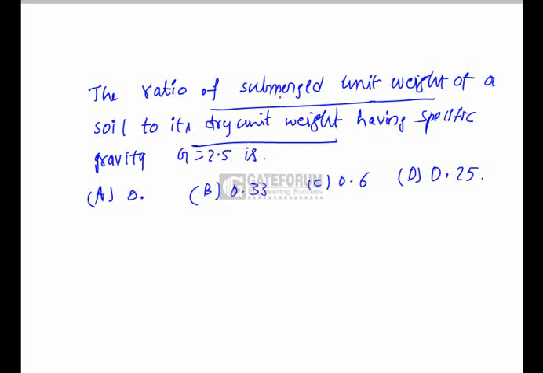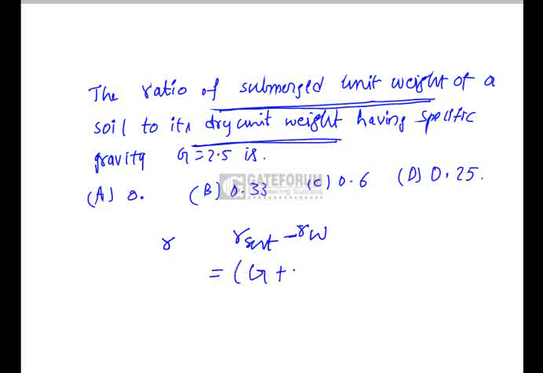The question is, what is the ratio of submerged unit weight to the dry unit weight? What is gamma submerged? Gamma submerged is gamma saturated minus gamma W. Gamma saturated is (G plus eS_r) into gamma W by 1 plus e.